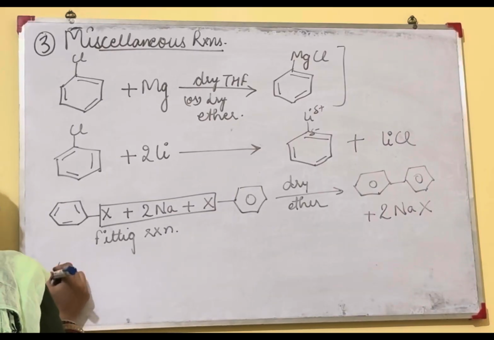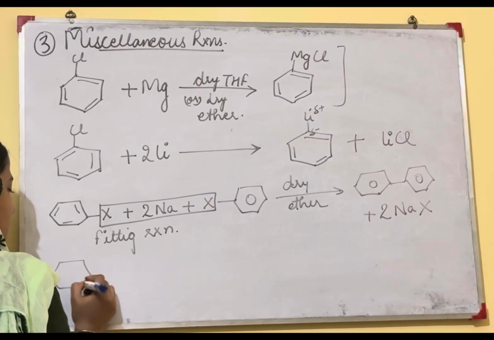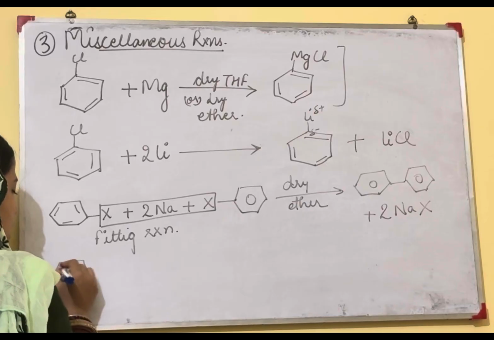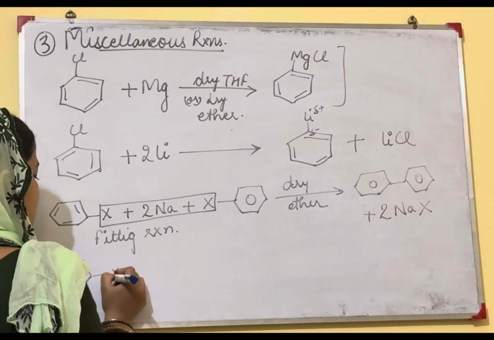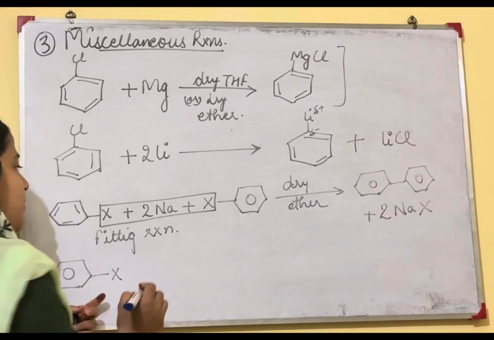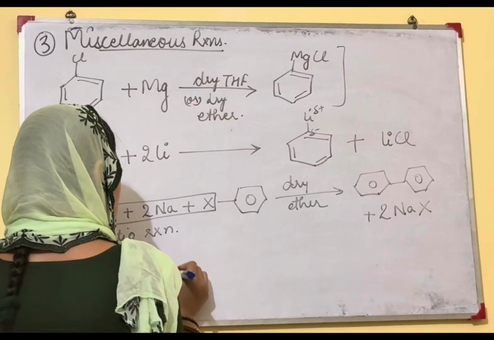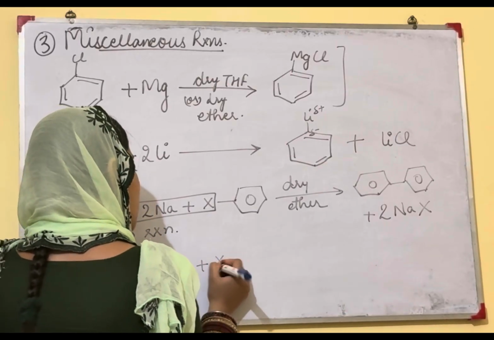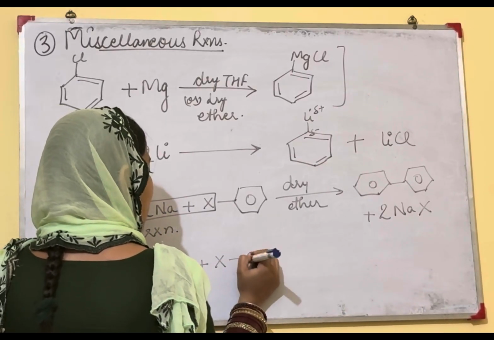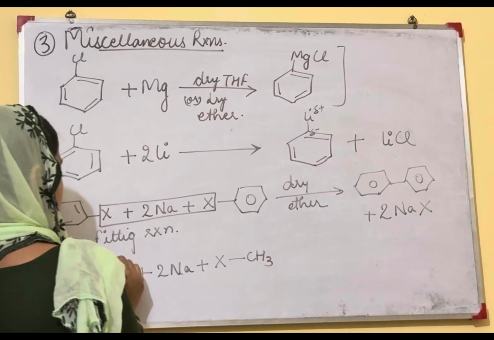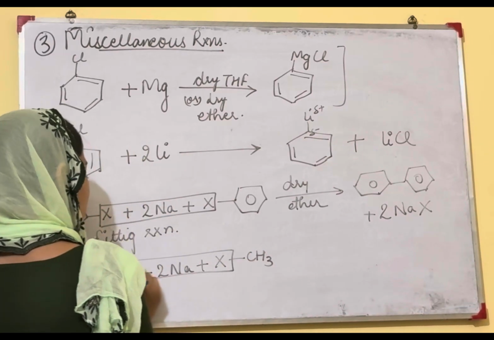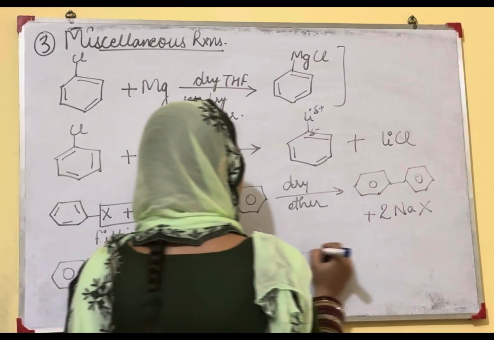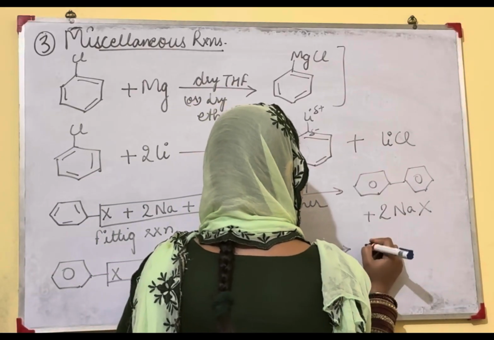Next reaction. If we combine Wood's and Fittig reaction, how? On one side you will take aryl halide along with sodium. On the other side we will take alkyl halide. What will happen? Similarly 2NaX will be removed and the others will be combined.